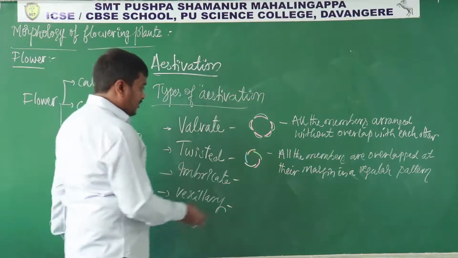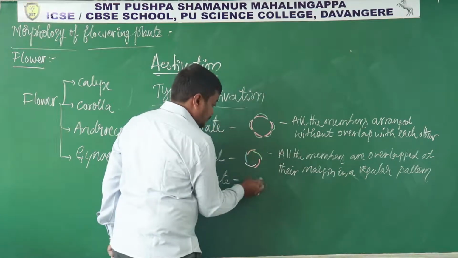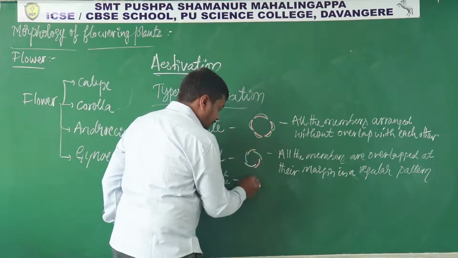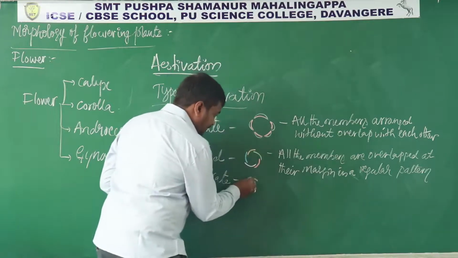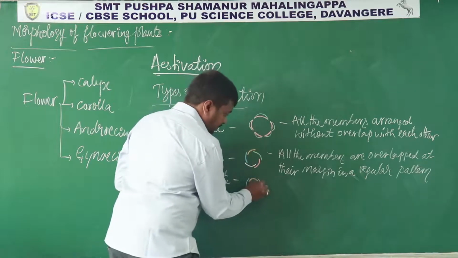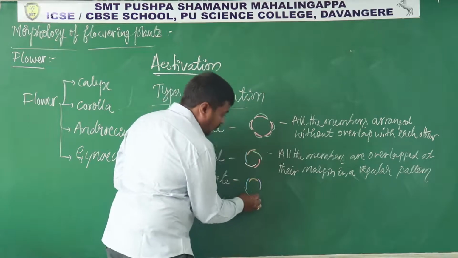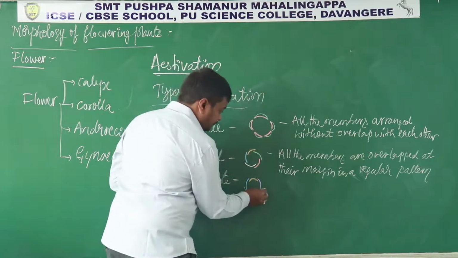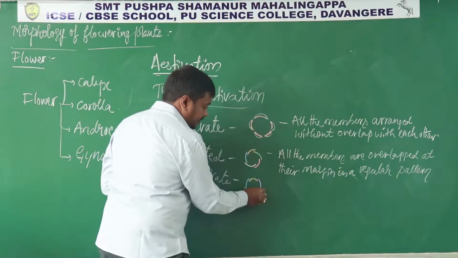In imbricate, one petal is present completely inside, and one member is present completely outside, and the other members are overlapped.